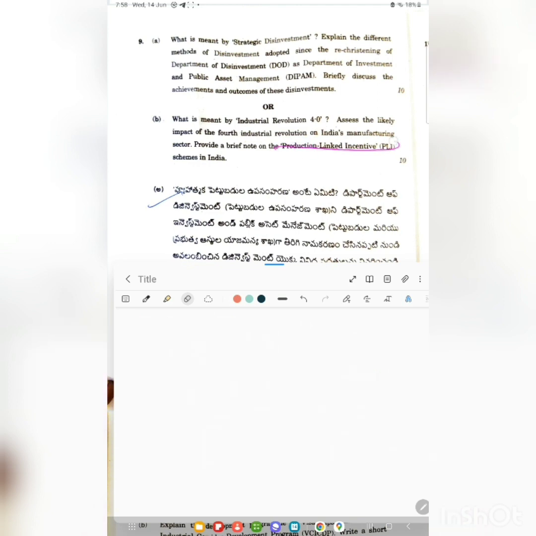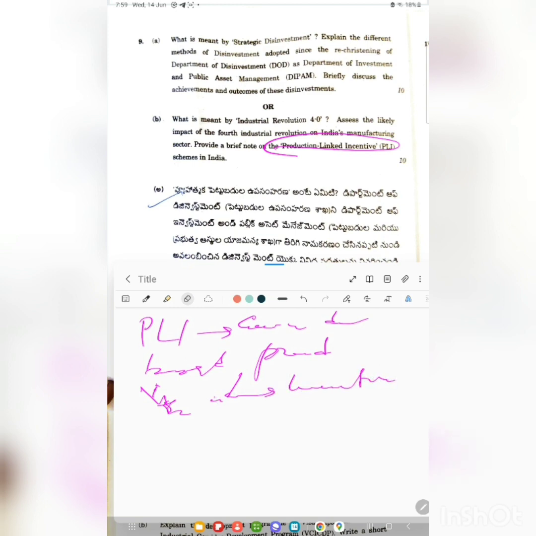As far as the PLI scheme is concerned, I just know basic things about PLI. Production linked incentive schemes refer to the government providing incentives based on production values. So for example, if one company achieves a certain level of employment, number of jobs, and production units or production value, then the government provides incentives based on the production.